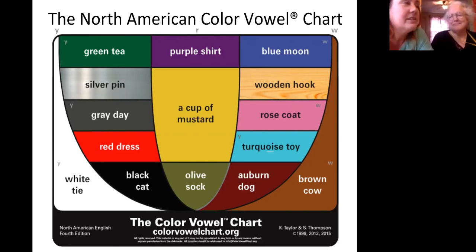I walked into a room a couple TESOL conventions ago, and I walked into a dinner of pronunciation people, a special dinner. And the first thing I heard at this table, where I didn't recognize anybody because we don't know each other except online, I heard this gentleman say to somebody next to him, "Oh, well, I don't have Auburn in my dialect."